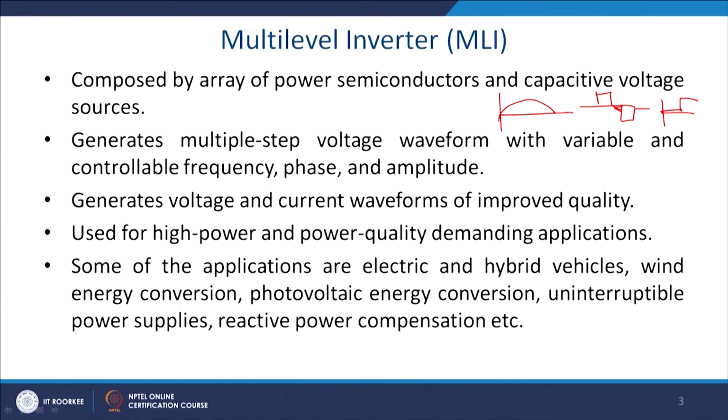So there is a huge instantaneous voltage error between the actual voltage required and the PWM generated voltage. In a multi-level inverter, since it applies voltage in steps, the more steps there are, the closer it gets to sinusoidal, giving a voltage waveform with variable and controllable frequency, phase and amplitude.